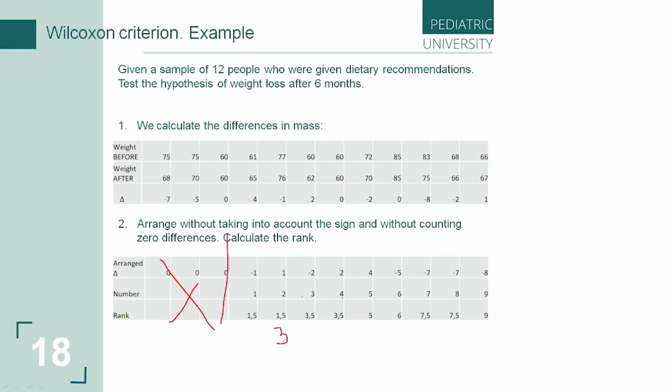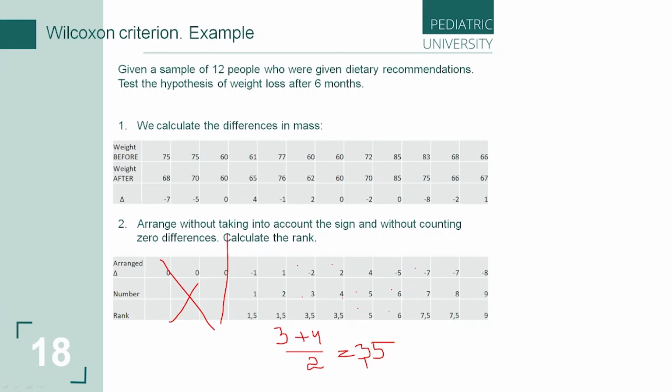So 3 plus 4 divided by 2 will be 3.5. And 3.5 is the same rank for this and this number in the table. Then the ordinal number 5 has rank 5, and ordinal number 6 has rank 6.